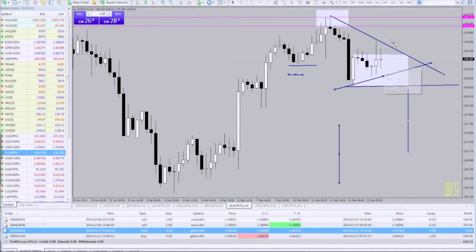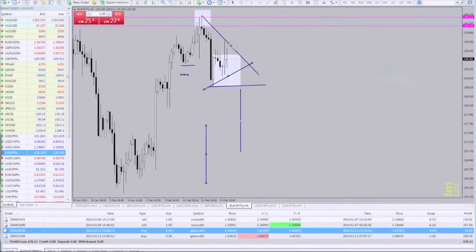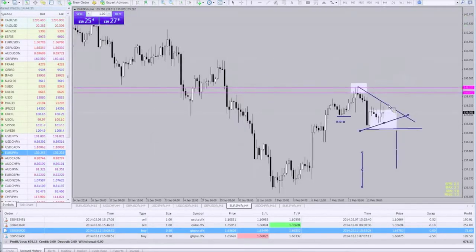Now, if this should break long, and this is something to keep in mind, if this breaks long and goes up here, I have evidence to think that it's going to bounce off of this again. Because remember, when you get these strong areas like this, you usually get 2 or 3 attempts to break through to go back up again.